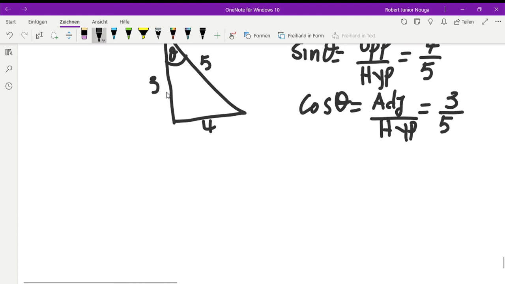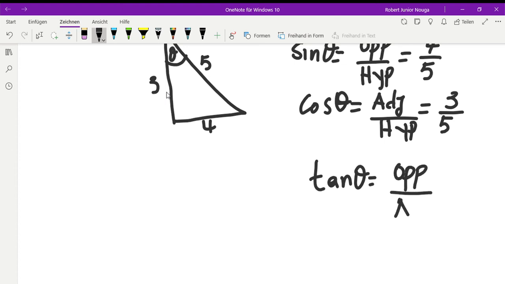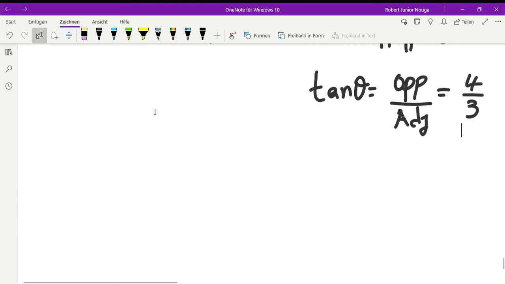My third function is tan theta. Tan theta is equal to the opposite divided by the adjacent. My opposite in this triangle is 4 and my adjacent is 3. Very good. Let us calculate other functions like, for example, the sec function.